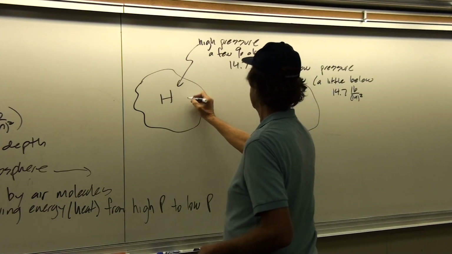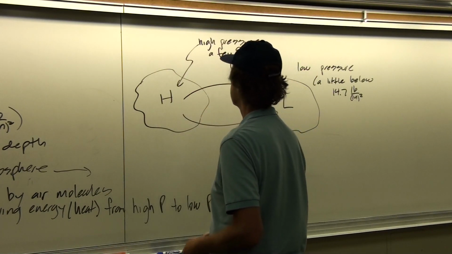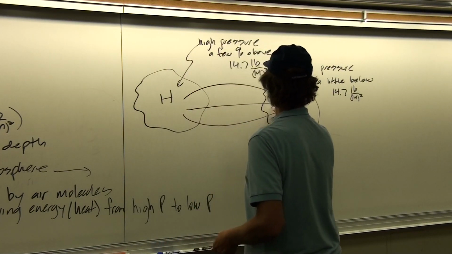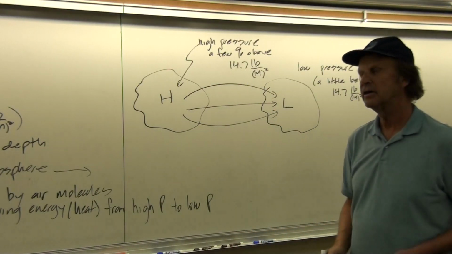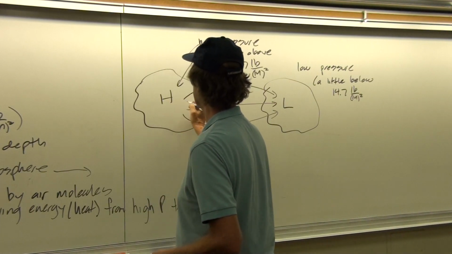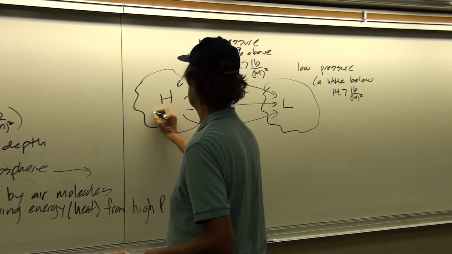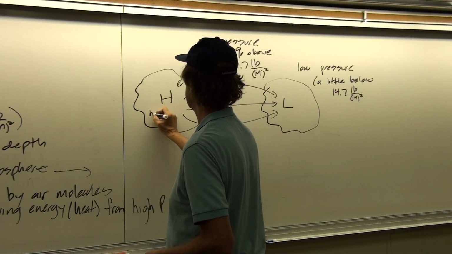Then the natural tendency is going to be for our convection currents to deliver energy from high pressure to low pressure. So in high pressure, and this isn't always the case, but let's say that it's the case here, this is due to more energy in higher temperature.